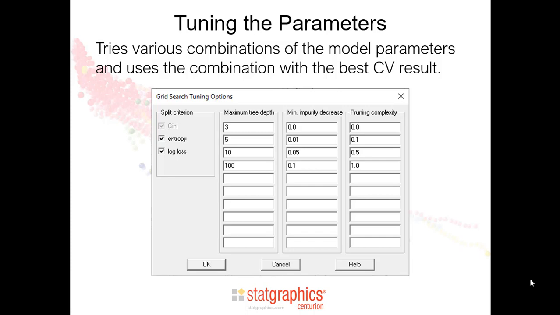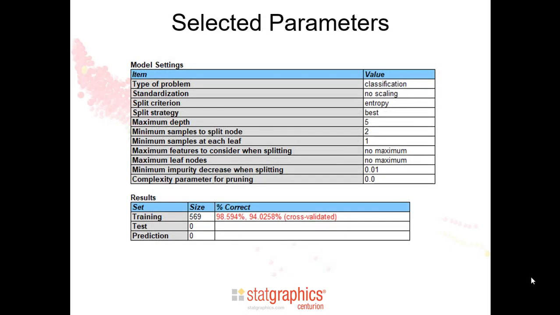That means it'll take a total of 3 times 4 times 4 times 4 combinations of those parameters and tune the model using all of those combinations. It will then keep whichever combination of the parameters gives the best cross-validation result. This table shows the parameters selected during tuning. One change was that it changed the split criterion from Gini to entropy.